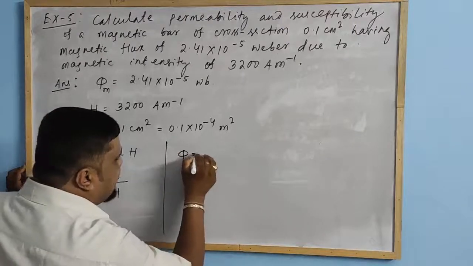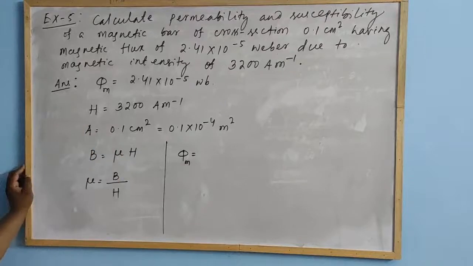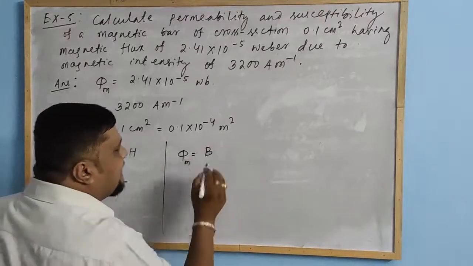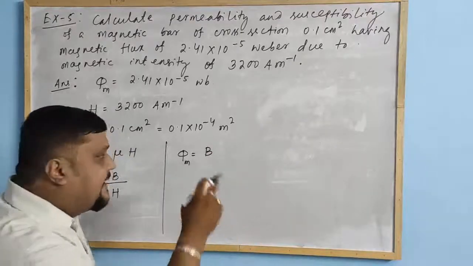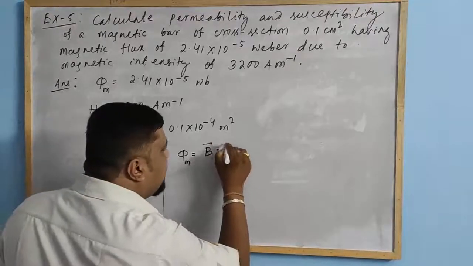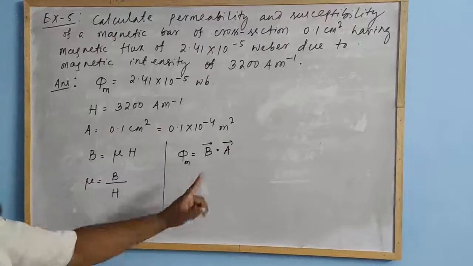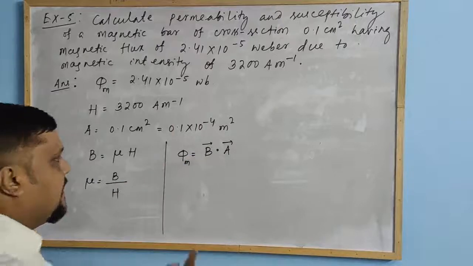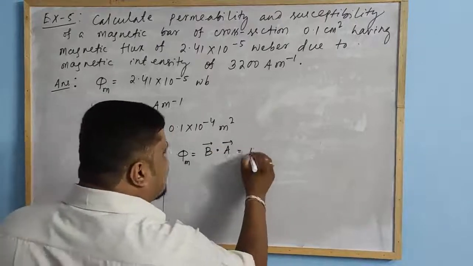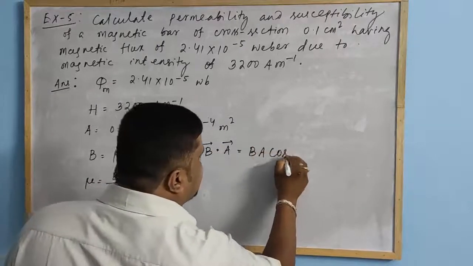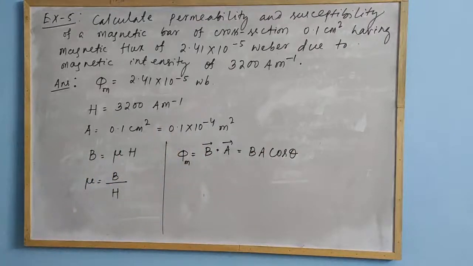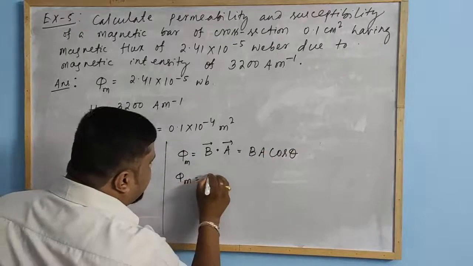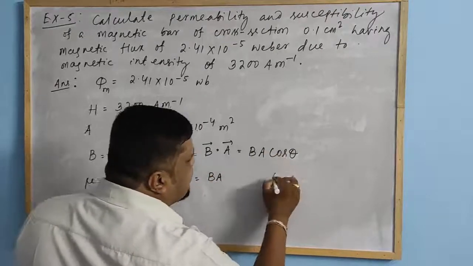So already you know that magnetic flux phi m is equal to B dot A, the dot product of B and area. So it is BA cos theta, where theta is equal to 0.